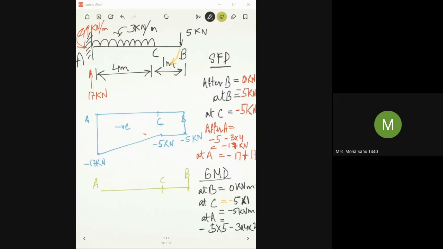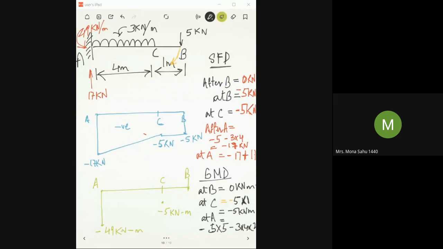At point C it is minus 5 kilonewton meter, and at point A you have minus 49 kilonewton meter.